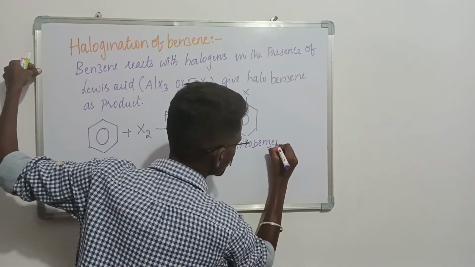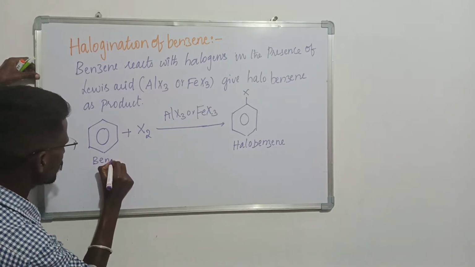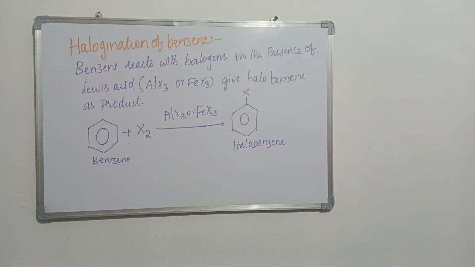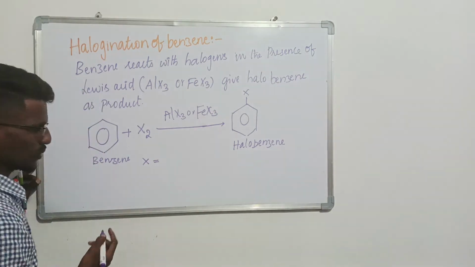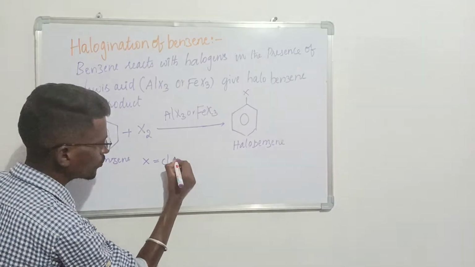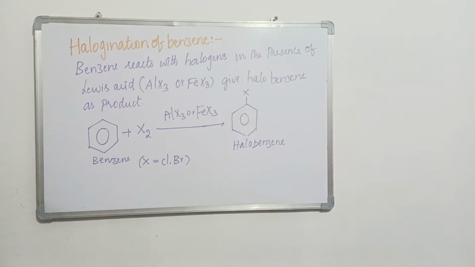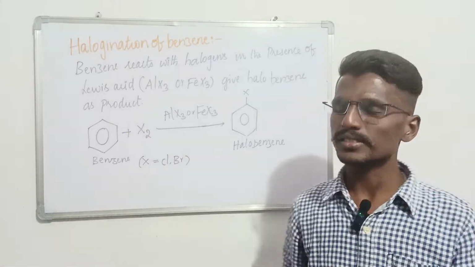This is the reaction involved in it, where X equals chlorine or bromine. So this is the reaction involved in the halogenation of benzene.